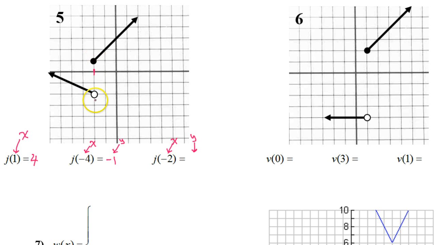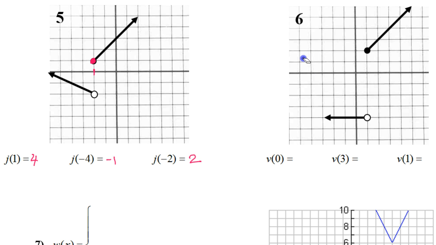Should I put 1, or should I put -2, or should I put both? I should put 1, because that is a closed circle. That actually is included. This open circle does not count. Open circle means that this point is not to be included in the function. All right, so 1 is the only answer here. All right, that is it for number 5.